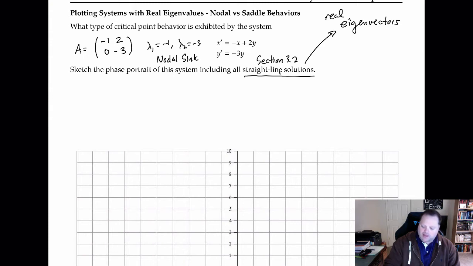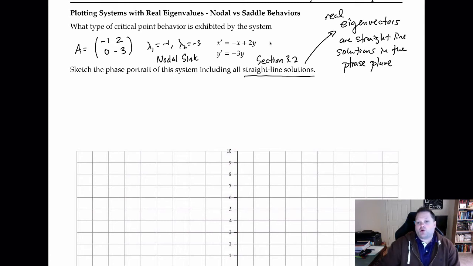Real eigenvectors are straight lines in the phase plane. So if I want to plot the straight line solutions, which is always the first thing you should do with a system that has real eigenvalues, you should begin by finding the eigenvectors. So I'm going to find the eigenvectors for my system.